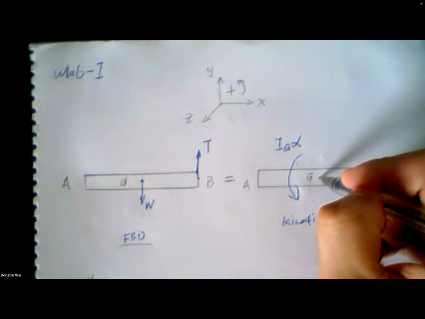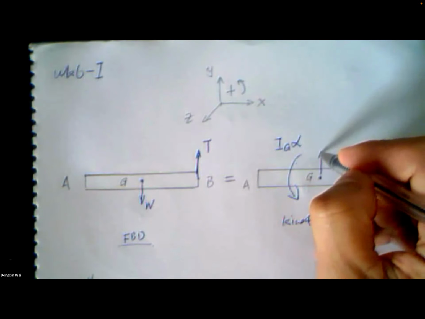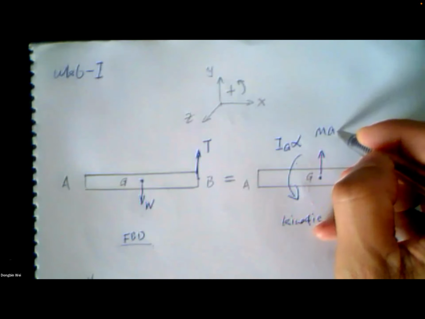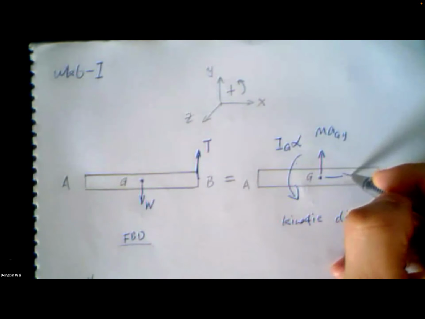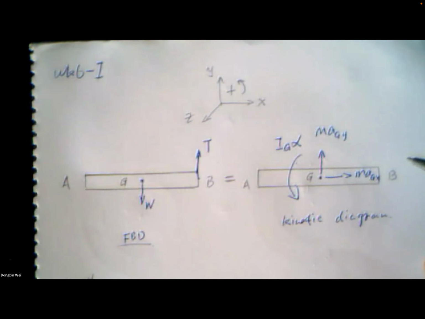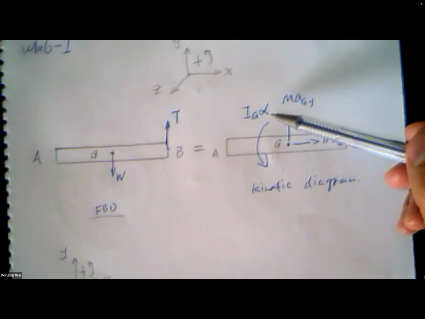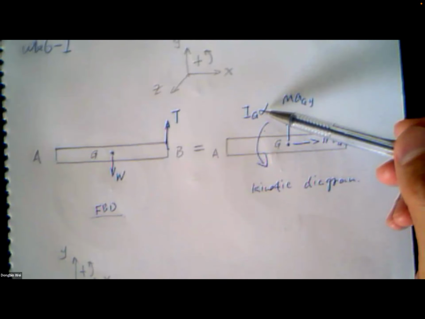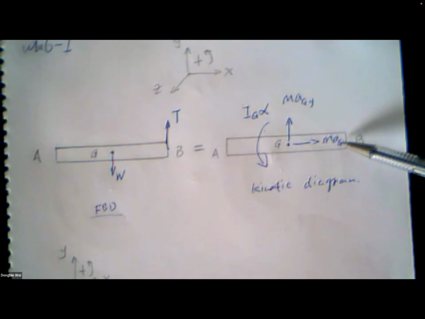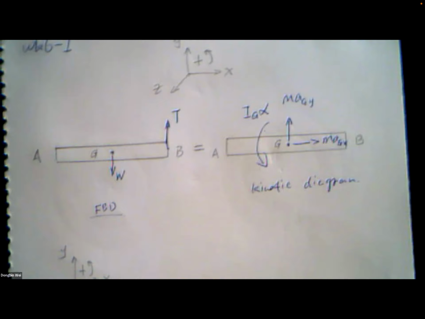I don't know the acceleration at point G, so I just assume a_Gy and a_Gx positive. At this moment, I don't know the relationship between alpha and a_G. So at this moment, alpha and a_G, these two are independent.